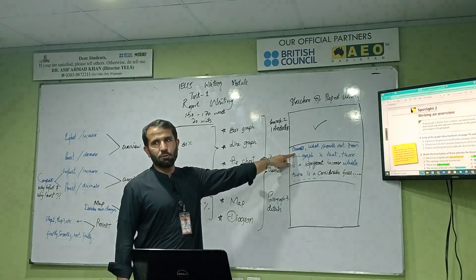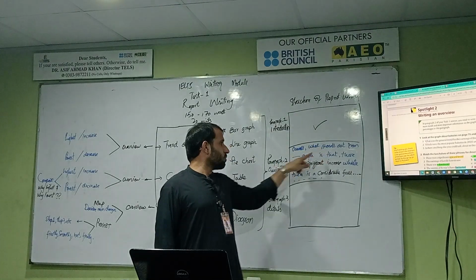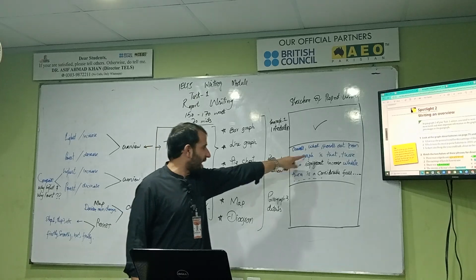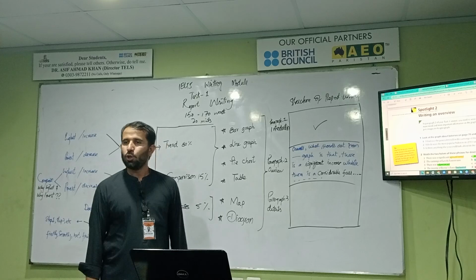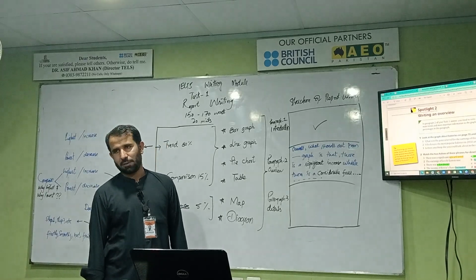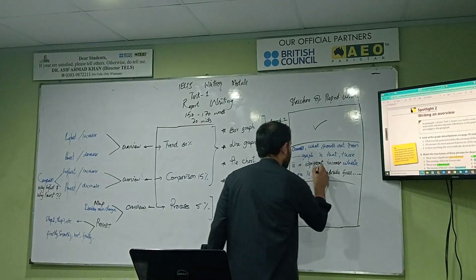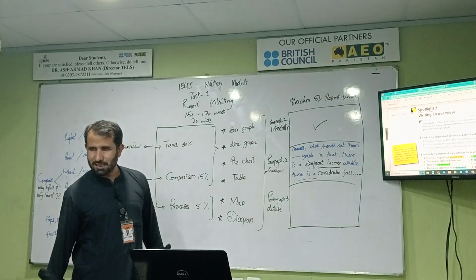You will write, overall, what stands out from the bar graph, line graph, pie chart, process map is that there is a significant increase. You will use this type of vocabulary. This is called IELTS vocabulary. A significant increase means a strong increase.